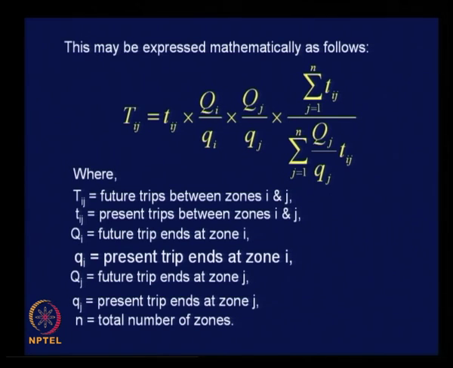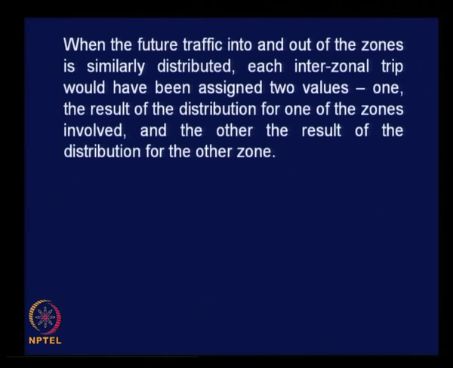We will take a simple numerical example and see how Fratar's method can be applied, and of course before that we need to know a few aspects related to the application of this method. When the future traffic into and out of the zones is similarly distributed, each interzonal trip would have been assigned 2 values.